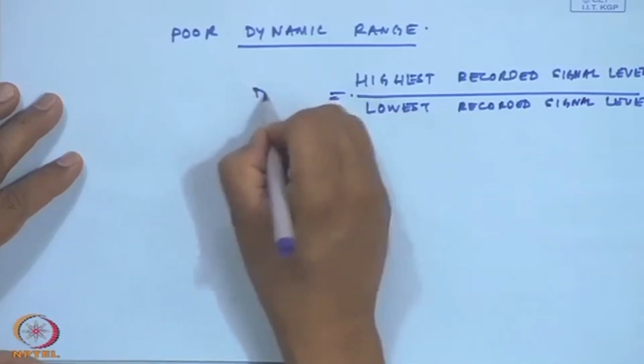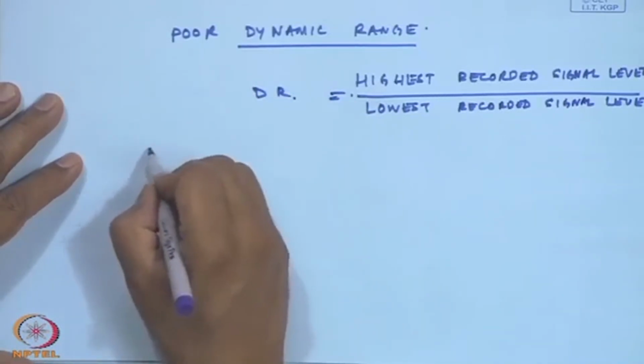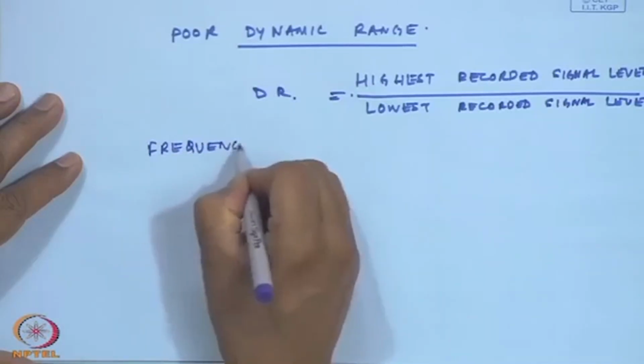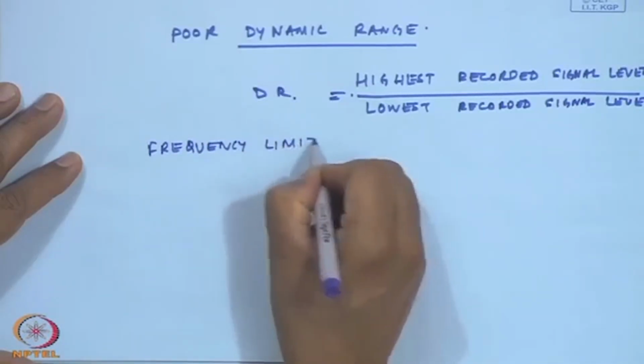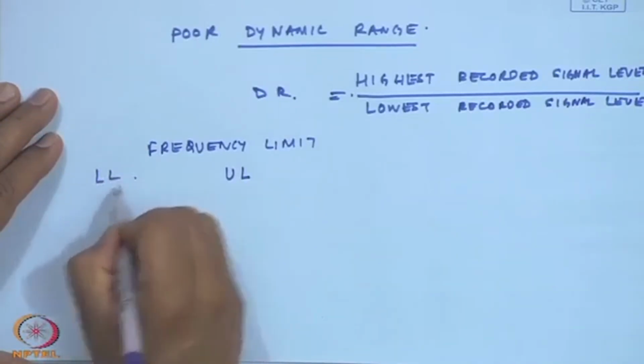Okay. And they were also having a frequency limit, like an upper limit or a lower limit.